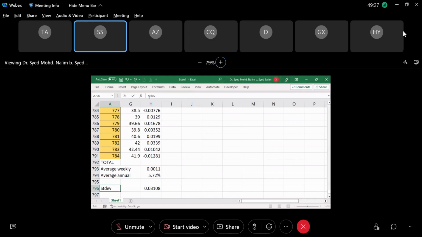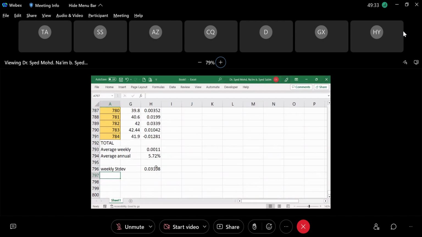Here, weekly standard deviation. When we get this weekly standard deviation, we have to convert it into an annualized term because we have an annual risk-free rate, and we have an annual term of bond interest or coupon payment.